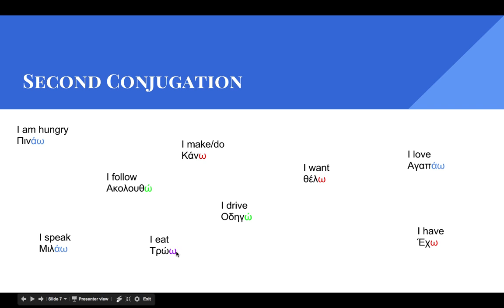And you might think, wait, this looks exactly the same. But the difference is you have a vowel here, whereas here you have a consonant. There are very few verbs which follow this pattern, but they are very useful. For example, I eat, I say, words you use all the time. That's leo.